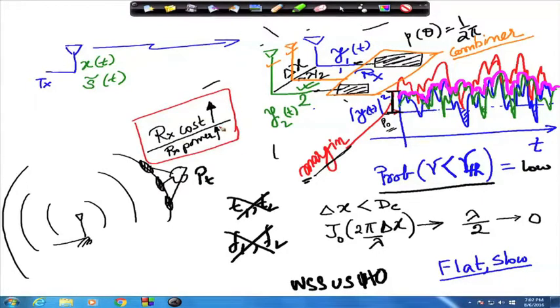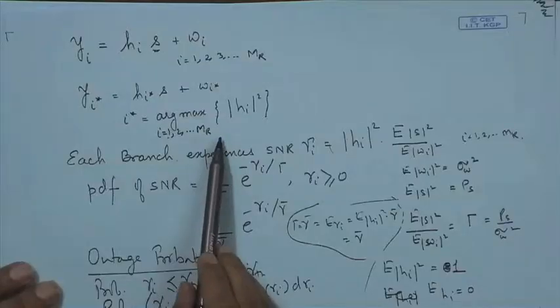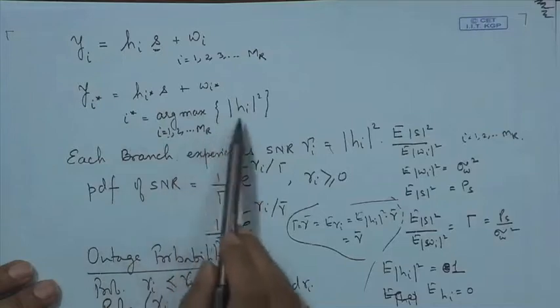Of course, that is true, but in selection combining, if we are measuring the branches and using only one of them, then we could reduce the complexity and have a simpler receiver architecture, and the cost rise may not be that high. But the problem here is that you have to constantly measure the received signal strength, as given in this particular expression. You have to continuously measure it.